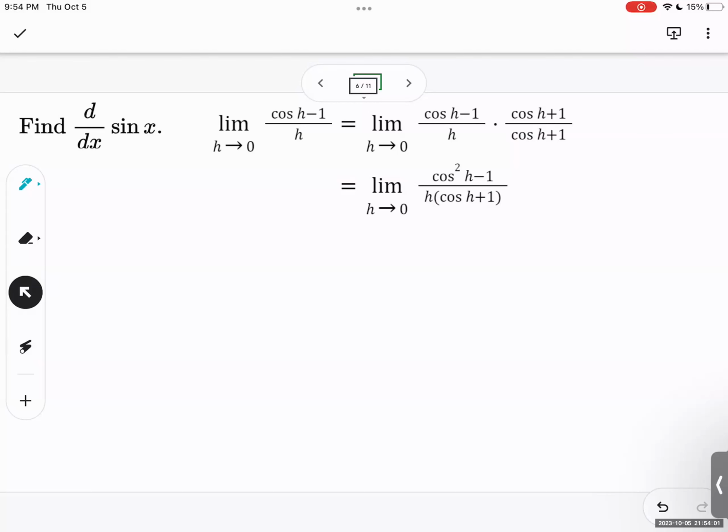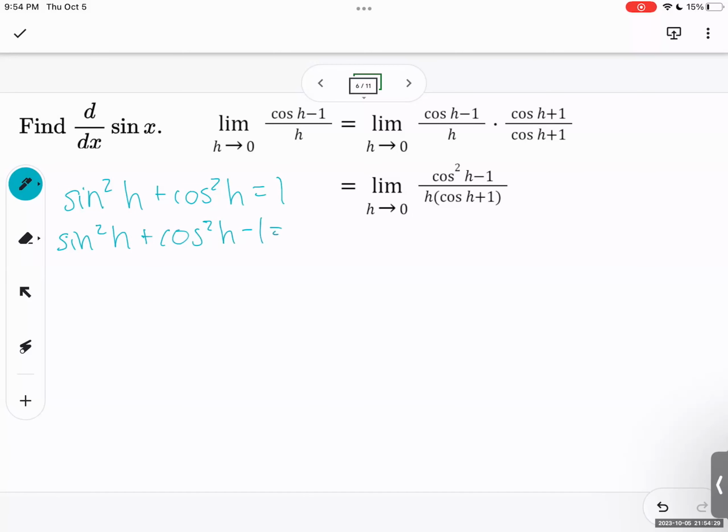Cosine squared h minus 1, we saw on a previous screen that sine squared h plus cosine squared h equals 1. If I subtract 1 from both sides, we have cosine squared h minus 1.